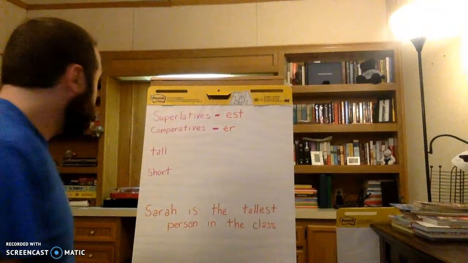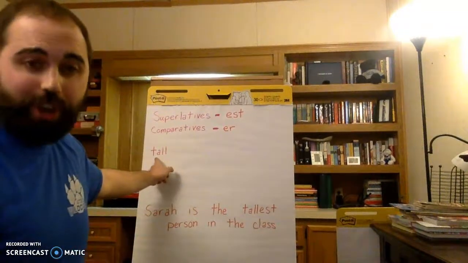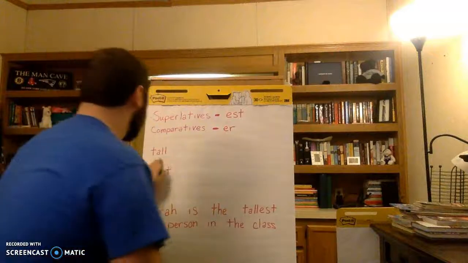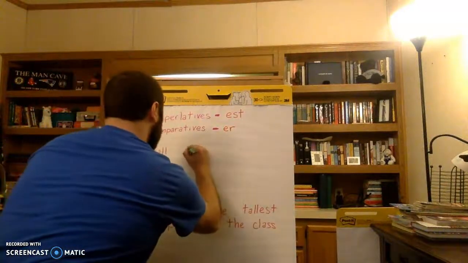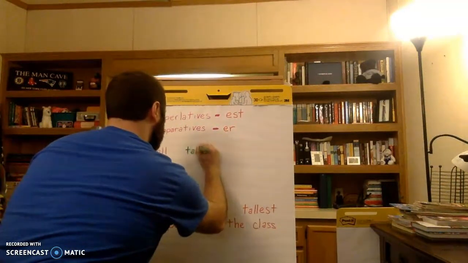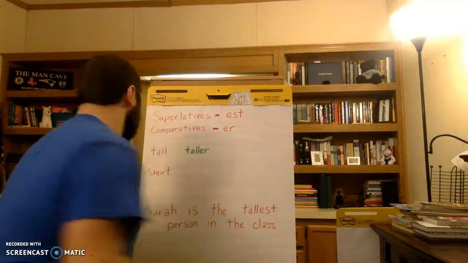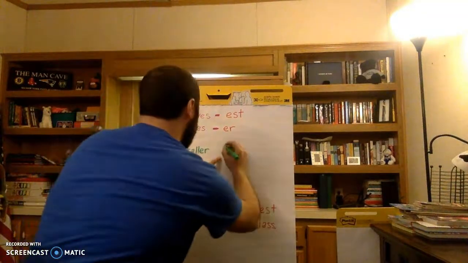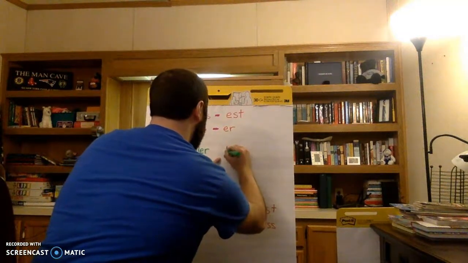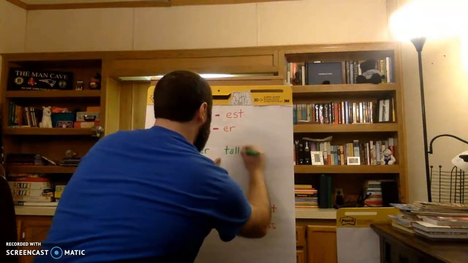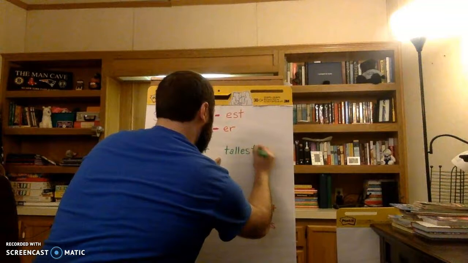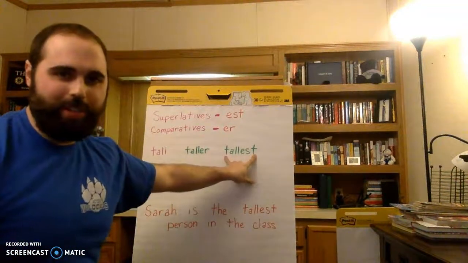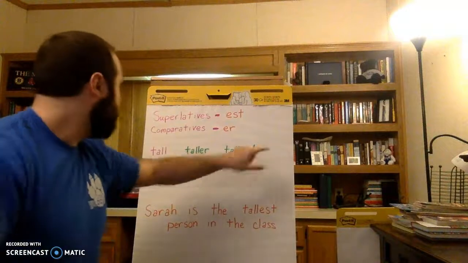All right. So, you start with your base word tall. You can describe a boy as being tall, but you can also say that Billy is taller than Joey. Or you can say that Benjamin is the tallest in the whole classroom. Remember, that's the superlative, the super one, the biggest, the best, right?